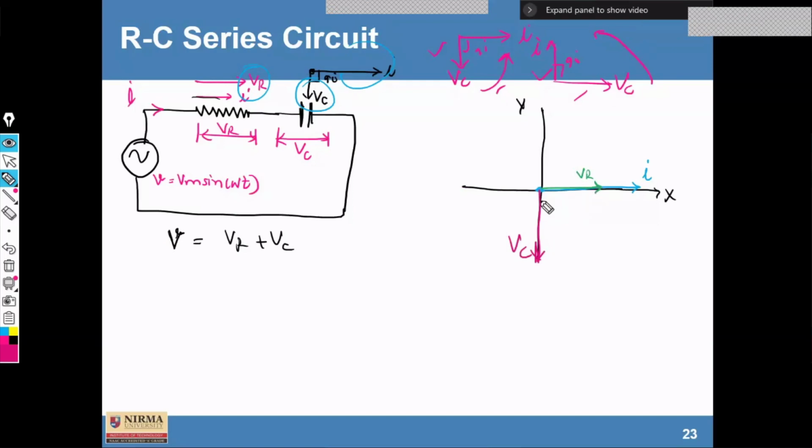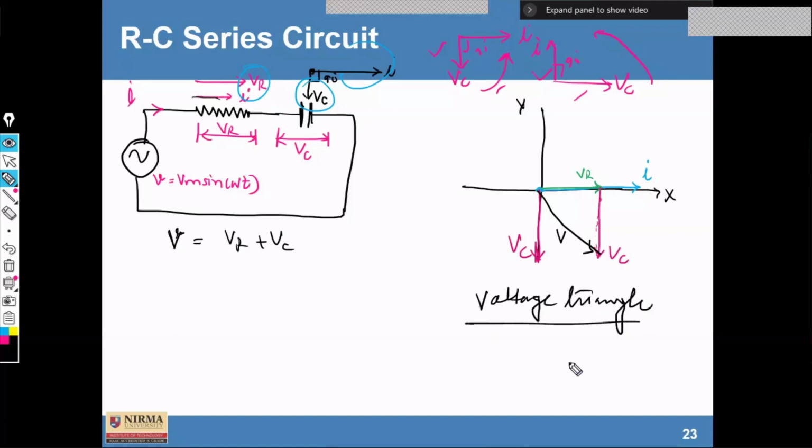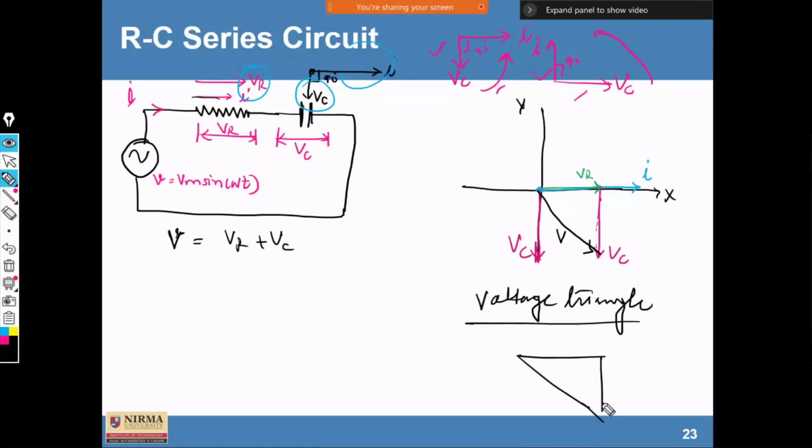Now if we draw this VC parallel to this one also, this is VC. And we can draw the resultant one, which is considered as V. So in this case, the voltage triangle is in the reverse direction compared to the previous circuitry.